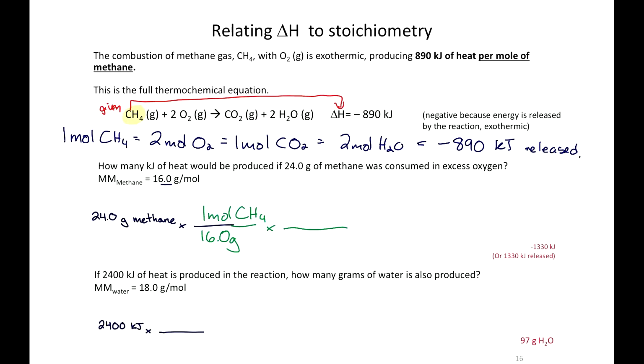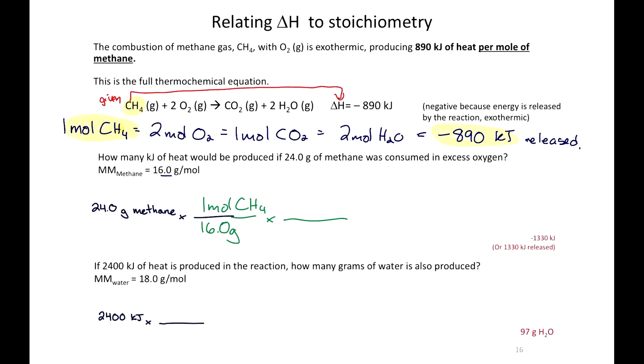I want to go to delta H instead. I want to get off the bus somewhere else. So we're going to use this equality: 1 mole of CH4 equals negative 890 kilojoules of energy. So I'm going to put the 1 mole of CH4 on the bottom, negative 890 kilojoules up top. When we calculate this, our calculator says negative 1330 kilojoules.